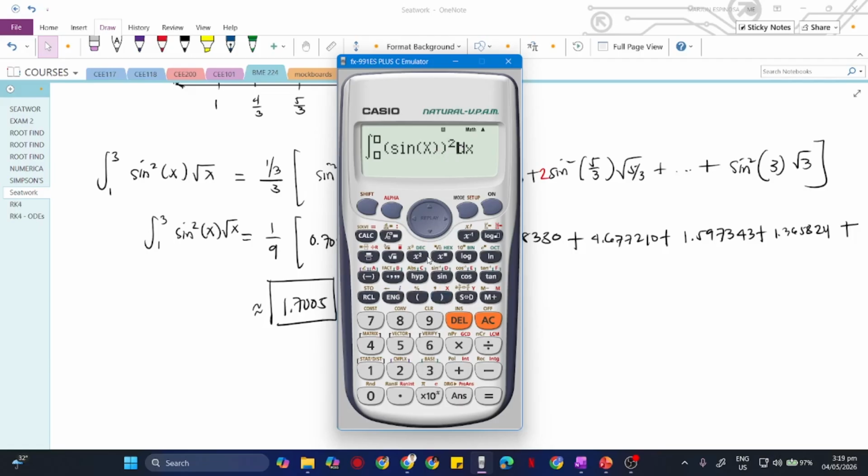Akala ko, di ko na square ba. Okay? Okay, kung di yun na square, GG tayo, no? Balik tayo sa start. Okay, that is 1.6998.